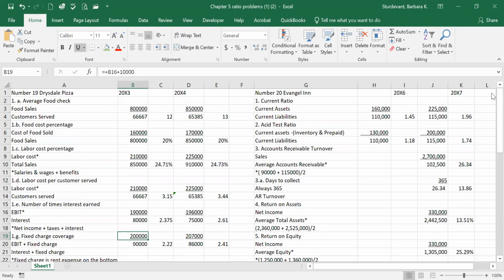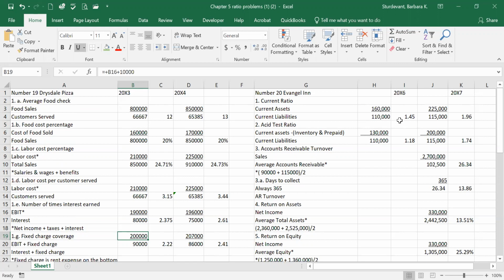So for the first one, we have current assets of 160, current liabilities of 110, and with these, you include all current liabilities. We don't care if there's notes in there. I mean, that's only a cash flow type of thing that you worry about. So we're just simply dividing the 160 by the 110.